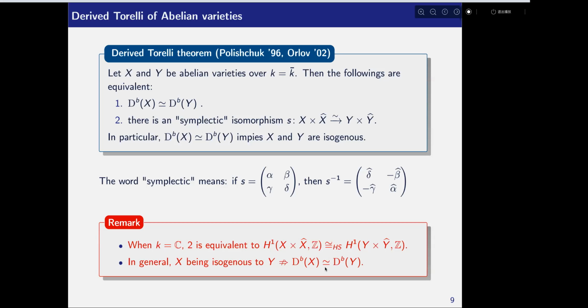And for twisted, let me see. I remember I discussed this a little bit with Joe. I don't have a good example in mind, but I think this holds because the isogeny class is much larger than the isometry class.